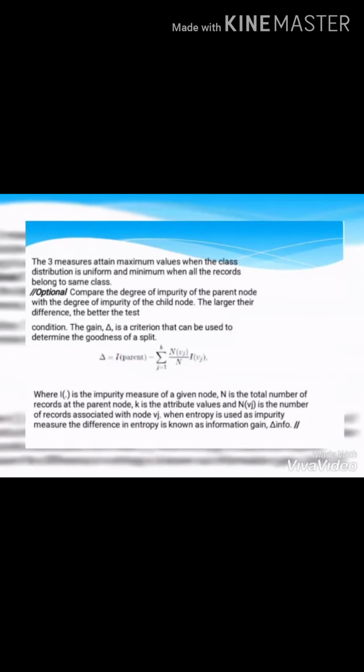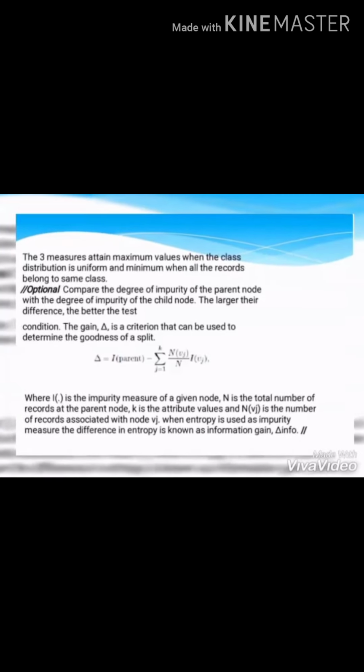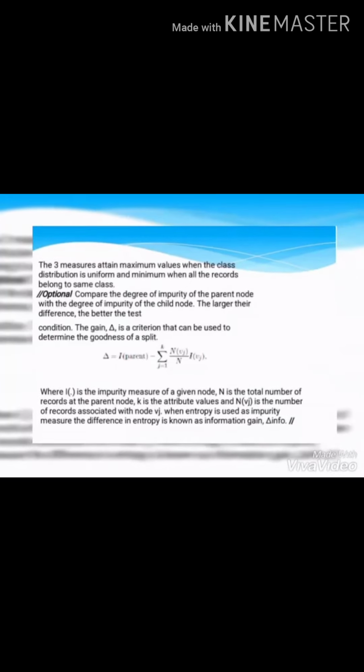class. The gain delta is the criterion that can be used to determine the goodness of a split. Delta equals I(parent) minus the sum over j equals 1 to k of N(vj) by N times I(vj).